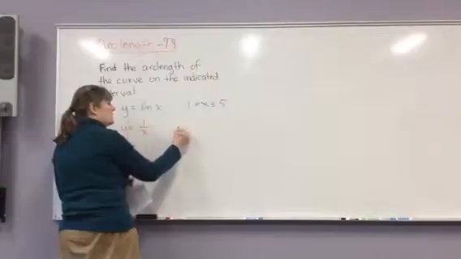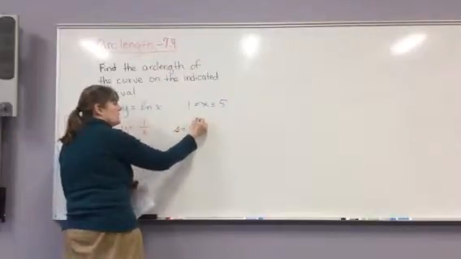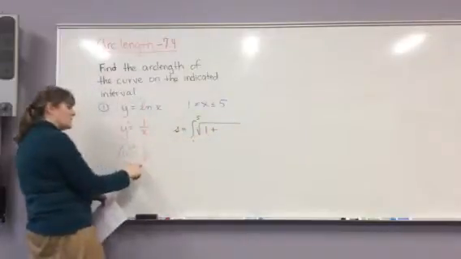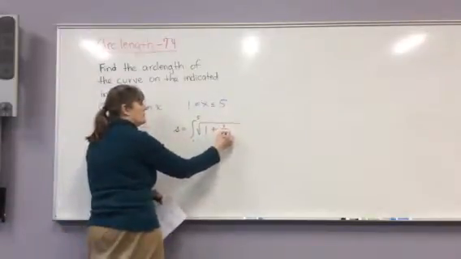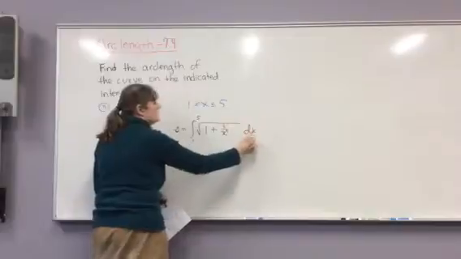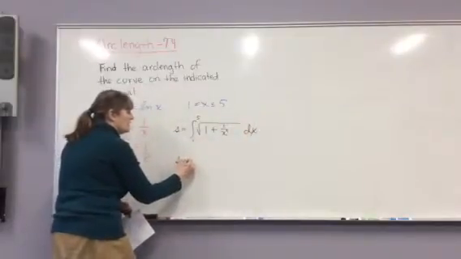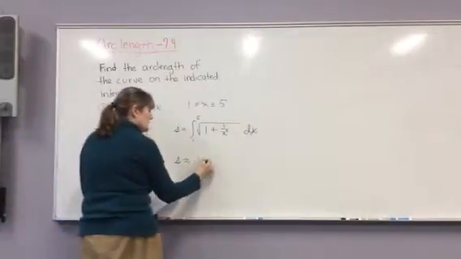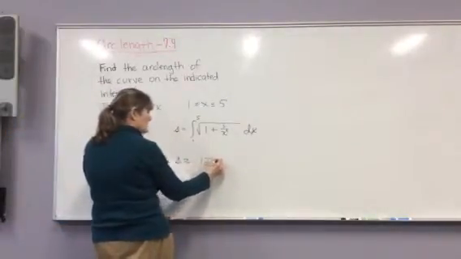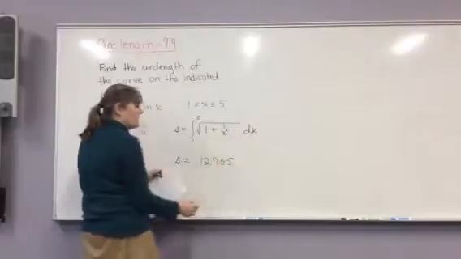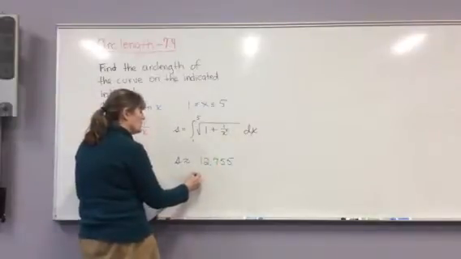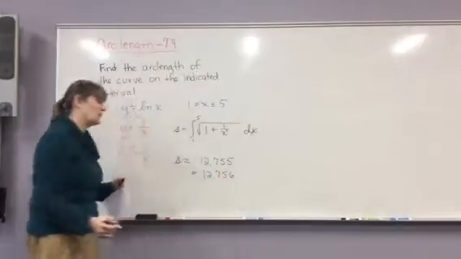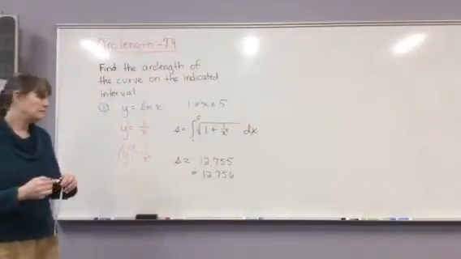Arc length on the interval from 1 to 5 of the square root of 1 plus my derivative squared dx. And again, we'll plug that into our calculator, and you will get approximately 12.755 if you truncate it, or if you like to round, it would be 12.756.